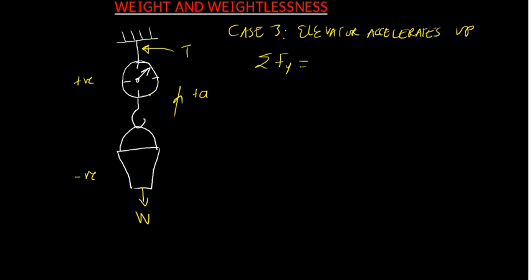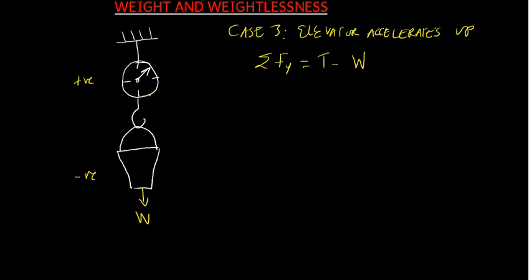So the tension is the upward force due to the elevator, and then minus what is making motion reduced, which is the weight of this bucket. So that will be minus the weight. Okay, so we are saying net force is tension minus weight.